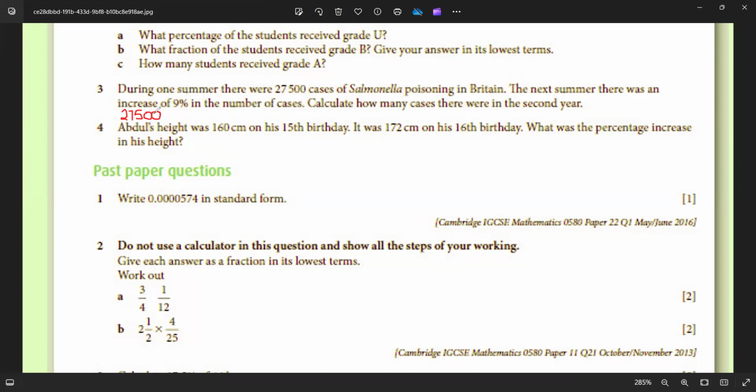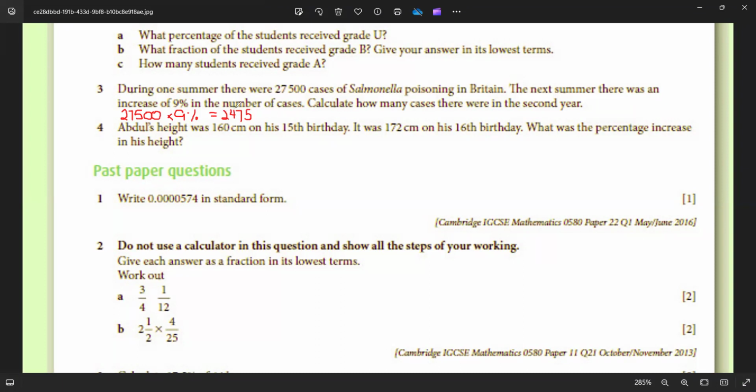So we'll take 27,500 times 9%, and then we'll get 2,475. So 2,475 is the number of cases that increased.